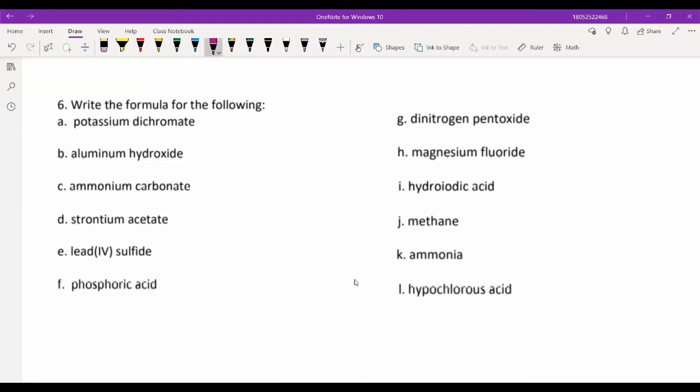Okay, and then lastly, we're going to write the formula. So the only thing that would be maybe important to mention here is that you want to make sure that the compound is neutral. Meaning if you have potassium, that's a +1 charge.